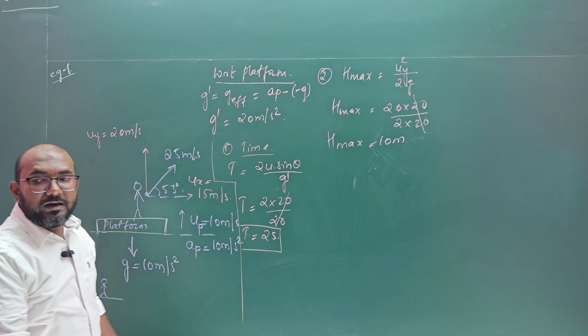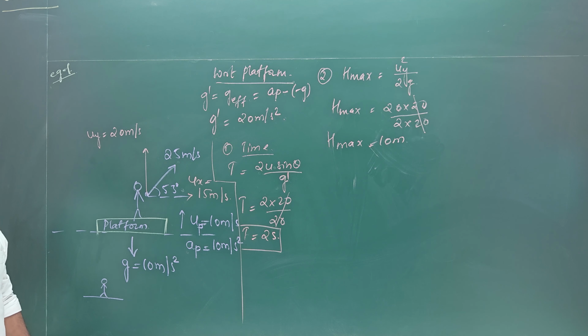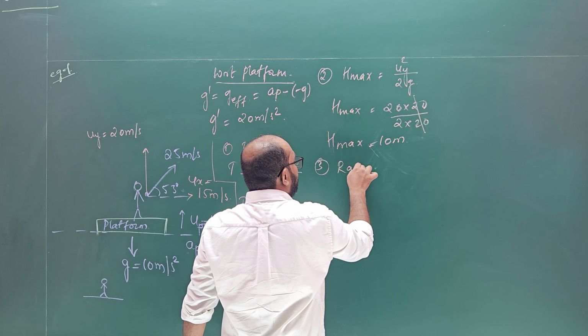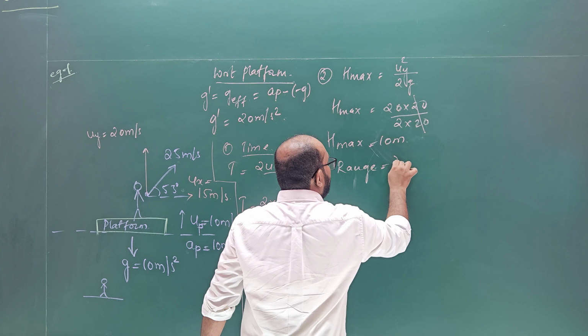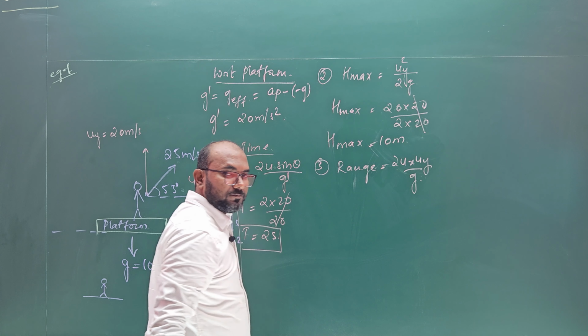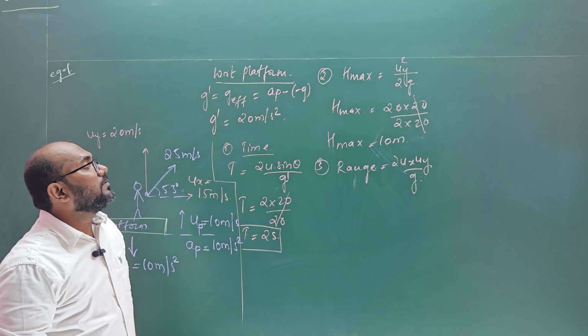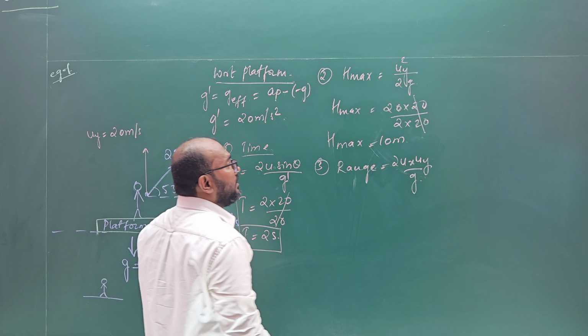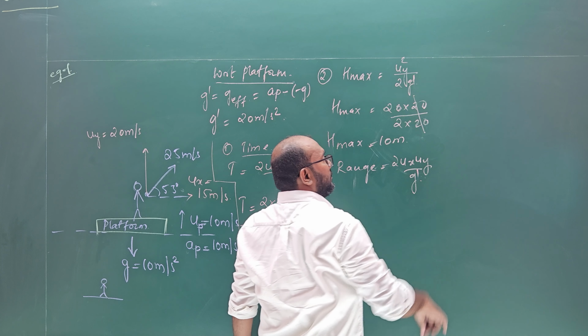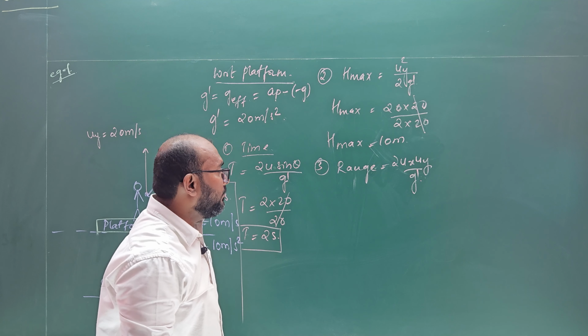Okay, similarly let us calculate the range also. So using the range equation, range is nothing but 2 times ux uy upon g. Yes or no? This is our general equation. Now, whenever you are writing g, you need to substitute g dash, with respect to the platform.